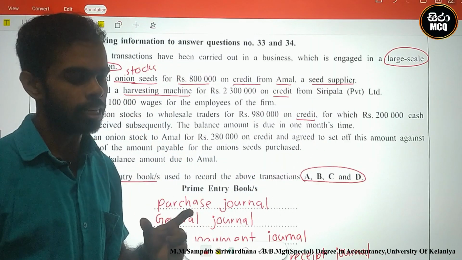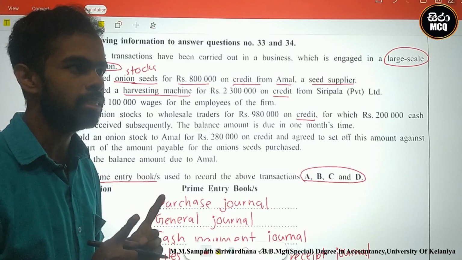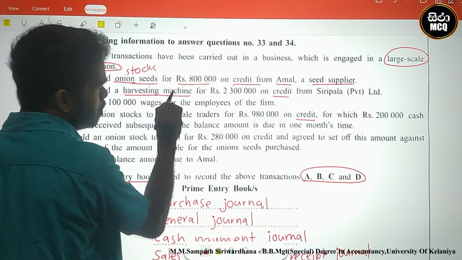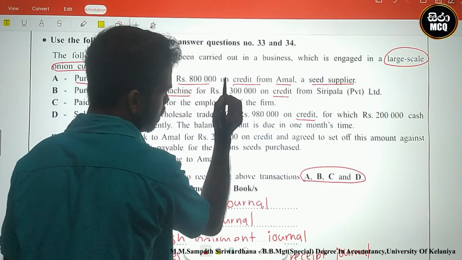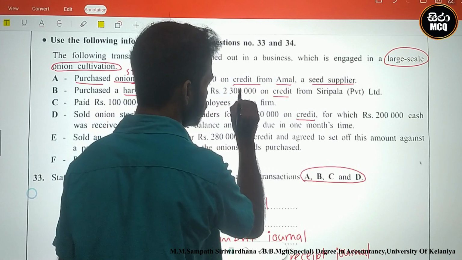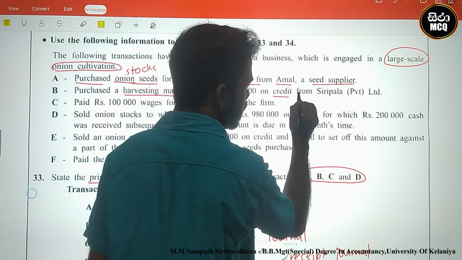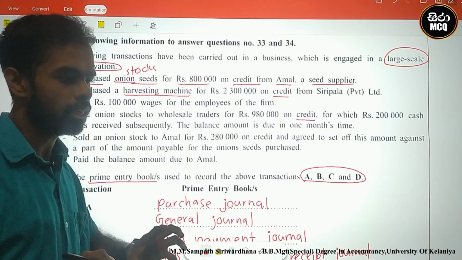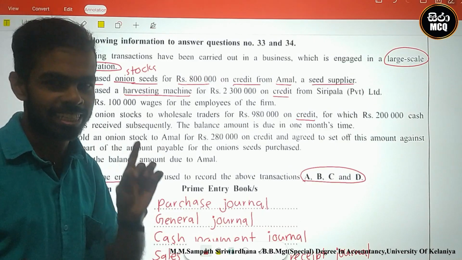This is a purchase, not related to the sales journal. We must find credit sales. Purchased the harvesting machine for 2.3 million on credit from Siripala. This is a purchase of a harvesting machine, not related to the sales journal.